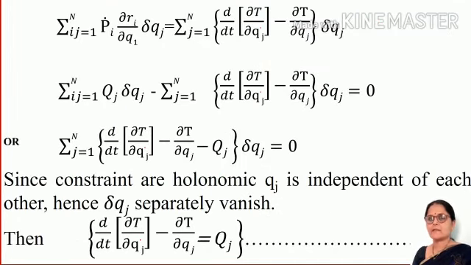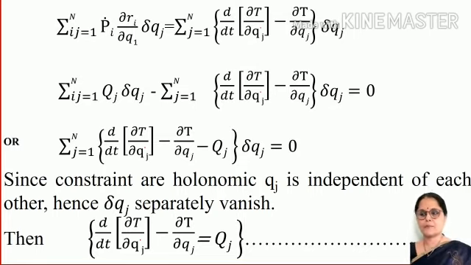We know that 1/2 mi vi square is equal to kinetic energy, which can be denoted by letter T. Then the above equation becomes summation of pi dot dri/dqj delta qj is equal to summation over j from 1 to n of d/dt of (dT/dqj dot) minus dT/dqj into delta qj.